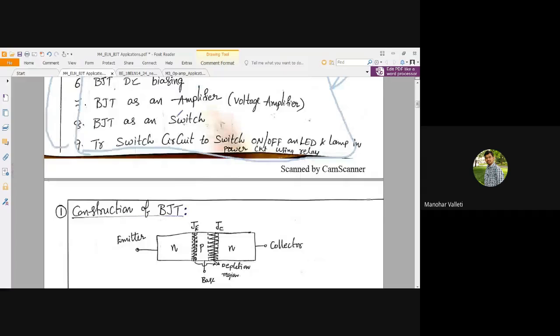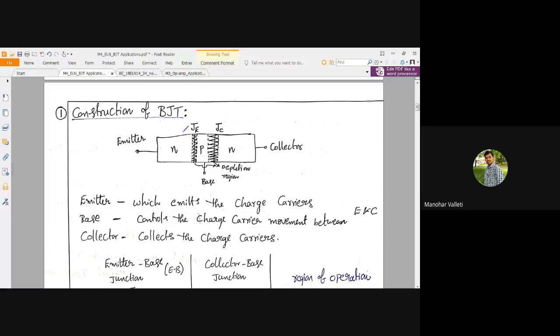We see the construction of BJT. Three semiconductor materials, NPN, are connected like a sandwich: an N type, on top of it a P layer, and on top of the P layer an N layer. If you take out the leads from each semiconductor material, then we can say that is a BJT.